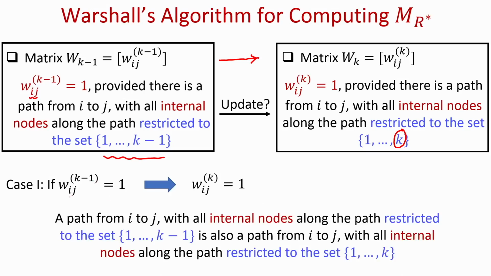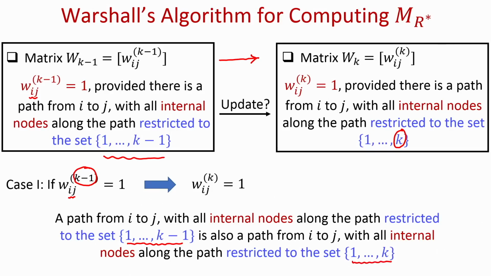If your i comma jth entry in the matrix W k minus 1 is 1, then I can simply say that the i comma jth entry in matrix Wk will also be 1, and this is because any valid path from node i to j where the intermediate nodes are within the subset 1 to k minus 1 can also be considered as a valid path where the intermediate nodes are restricted within the subset 1 to k.